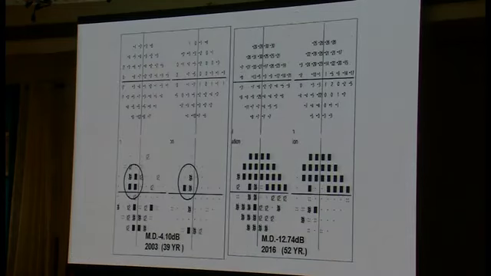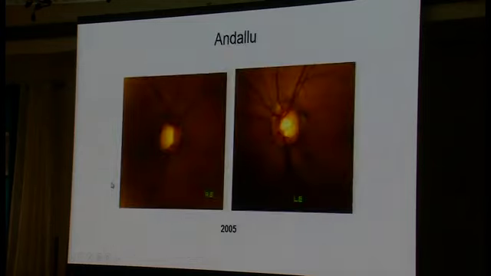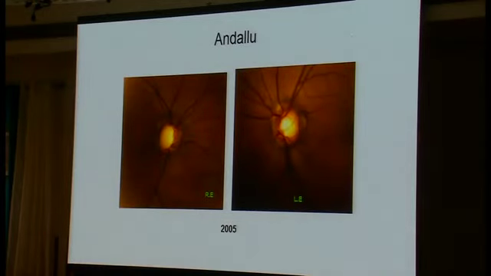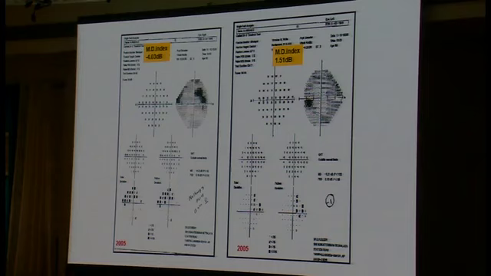If you see the 2003 picture, the glaucoma actually started within 10 degrees at the 9-degree point and did not progress towards fixation. It progressed away. If you see this field, nobody can say that it started within 10 degrees.